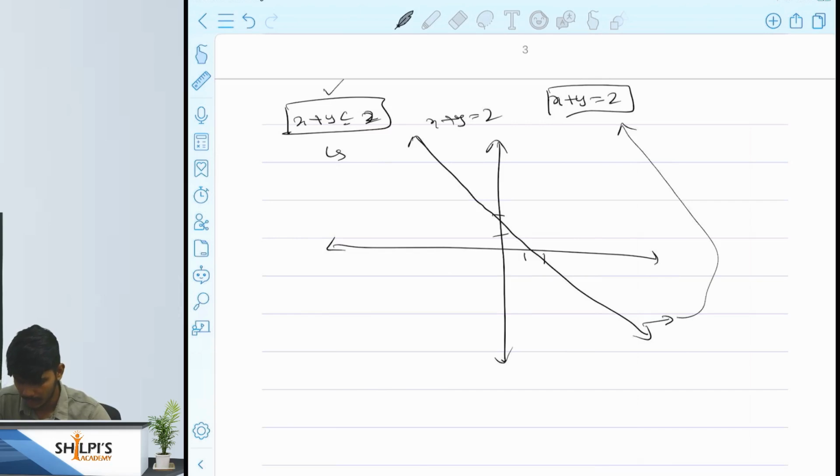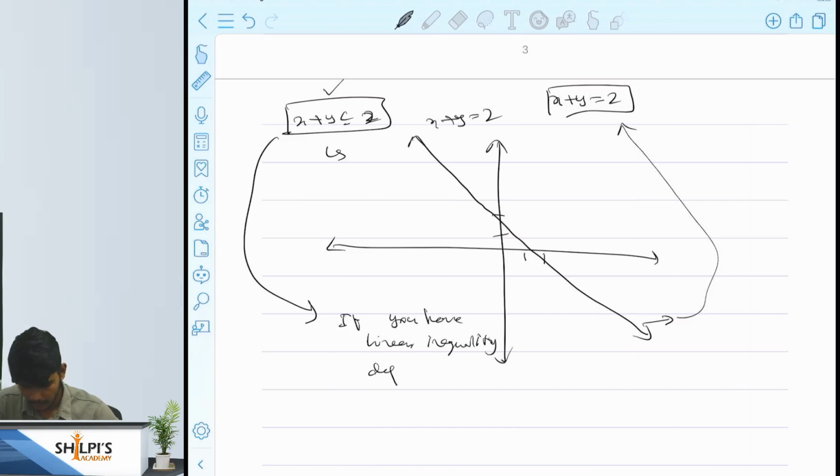But namakku enna venum? I want the graph for x plus y less than or equal to 2 dana. So as I said before, if you have a linear inequality, definitely you will have another solution space. That is the important point.